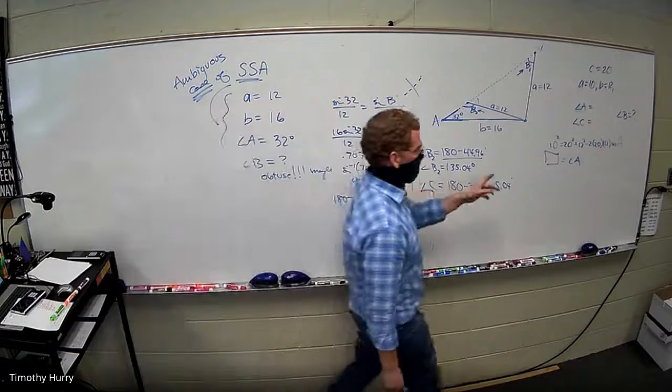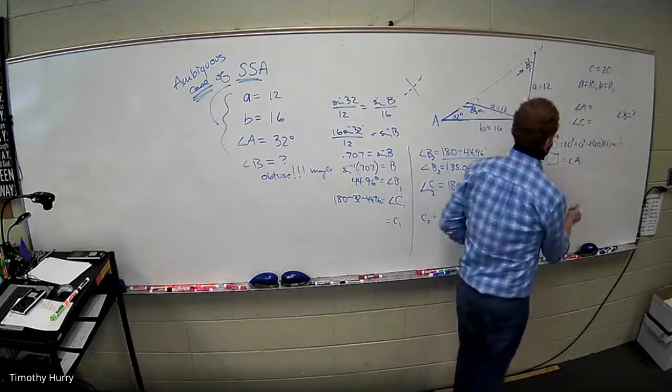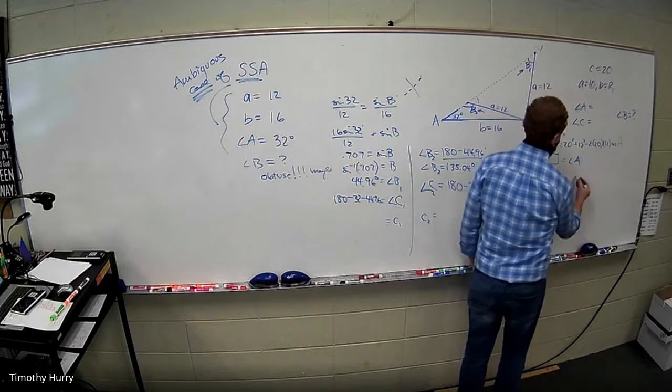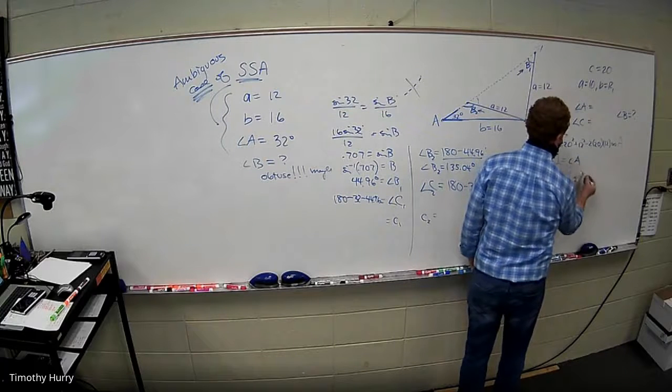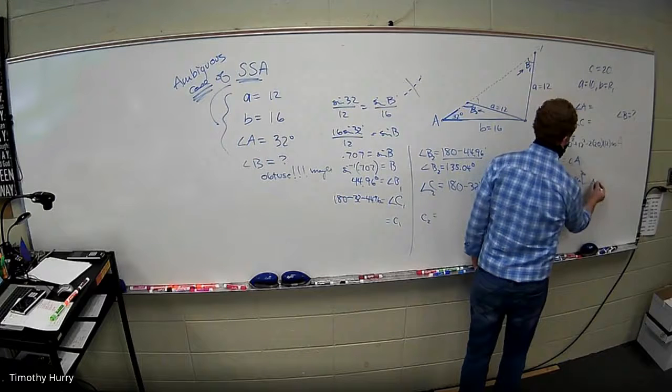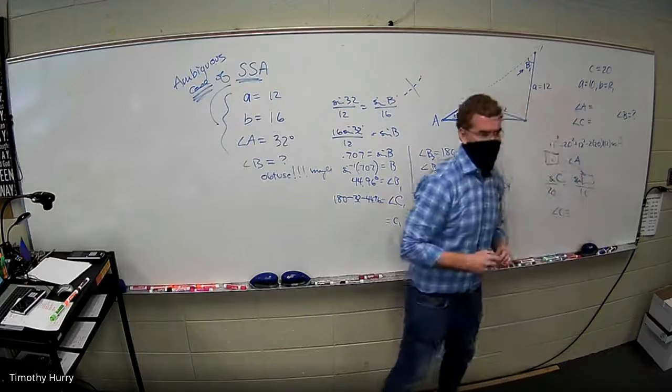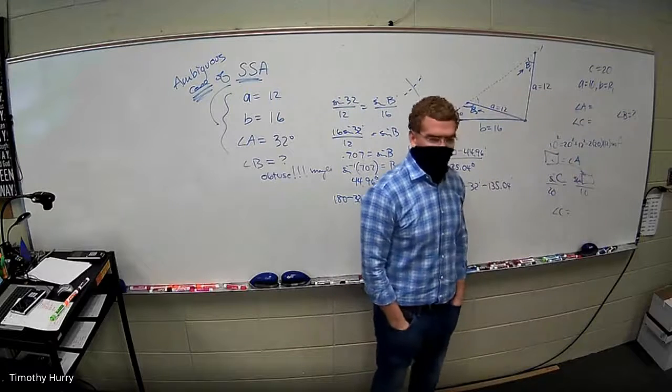Or right here, if you do find A, and then you use law of sines to find angle C, now that you found A, you pull A down, pull it in there. If you do that, guess what kind of C you're going to get here?